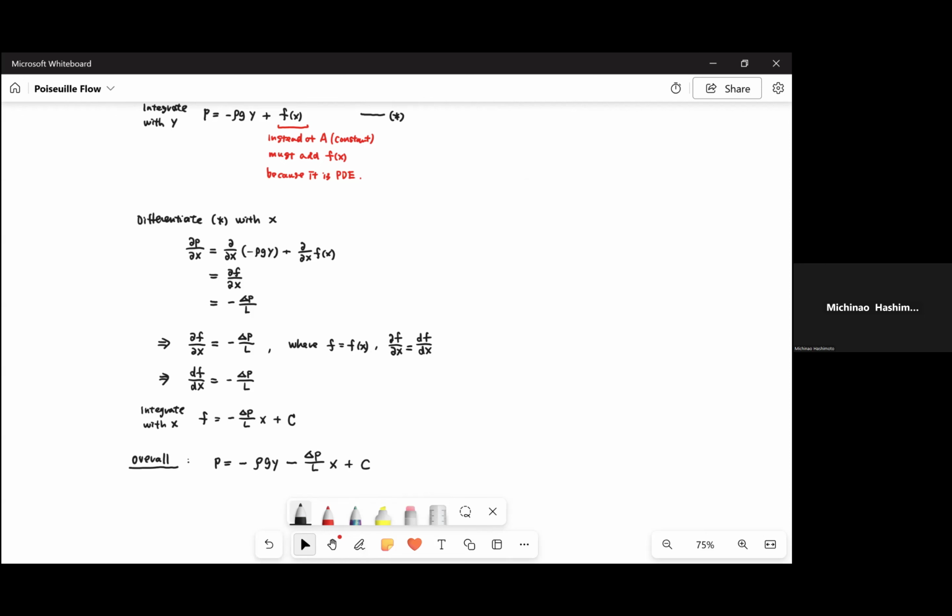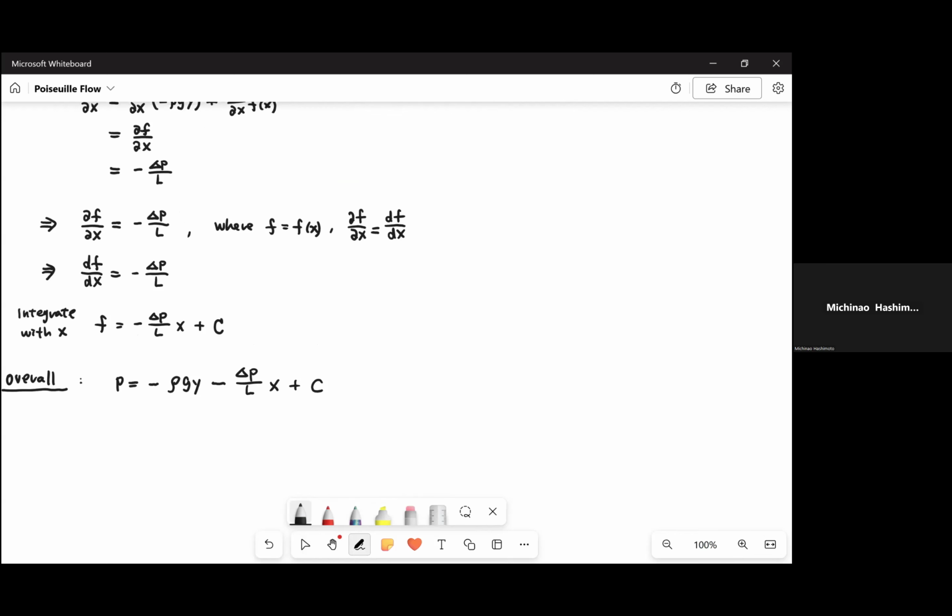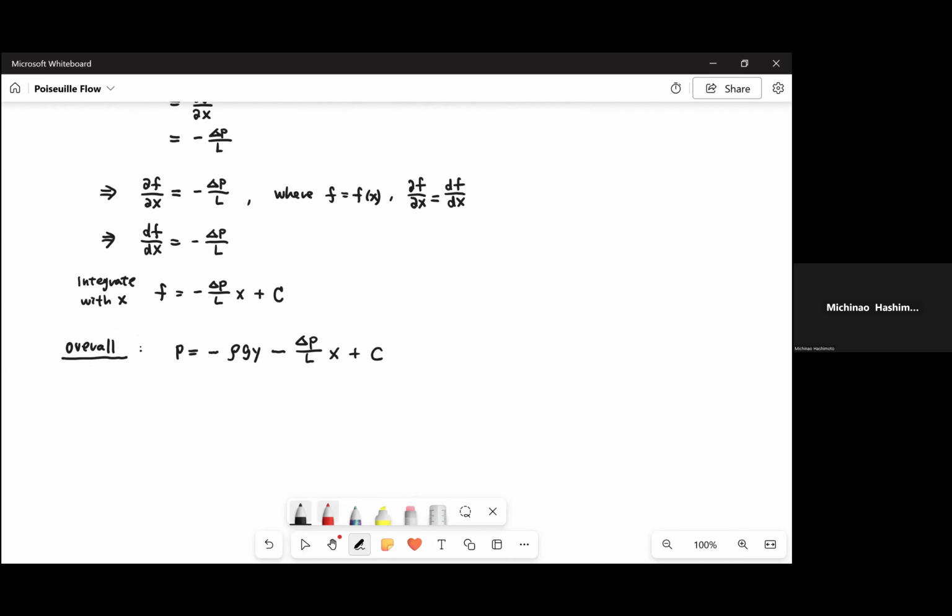So it's good news. Let's just say this particular C is some constant.